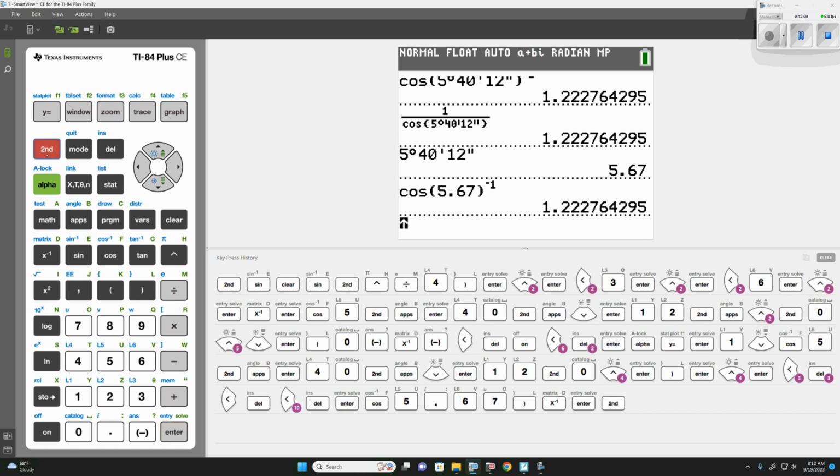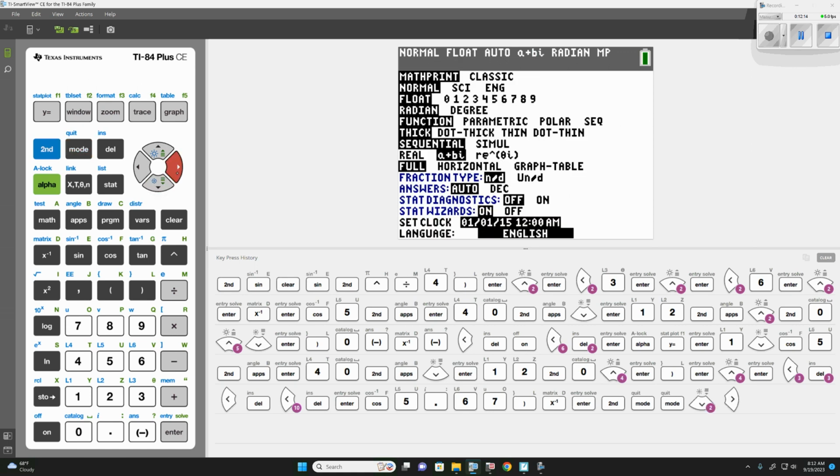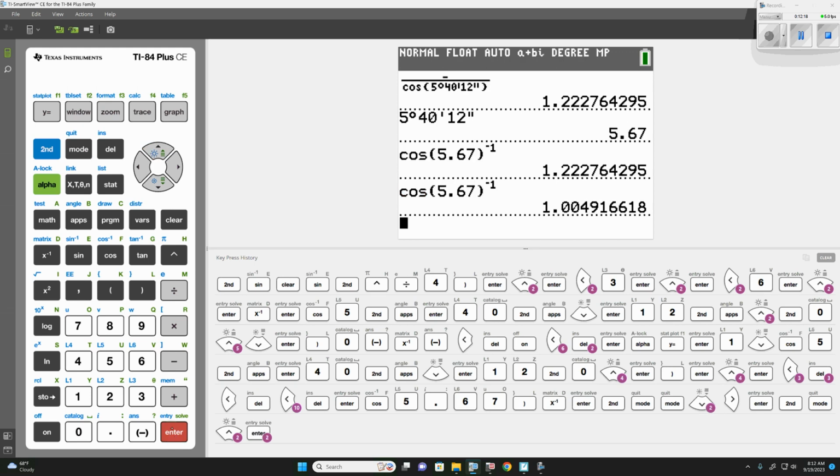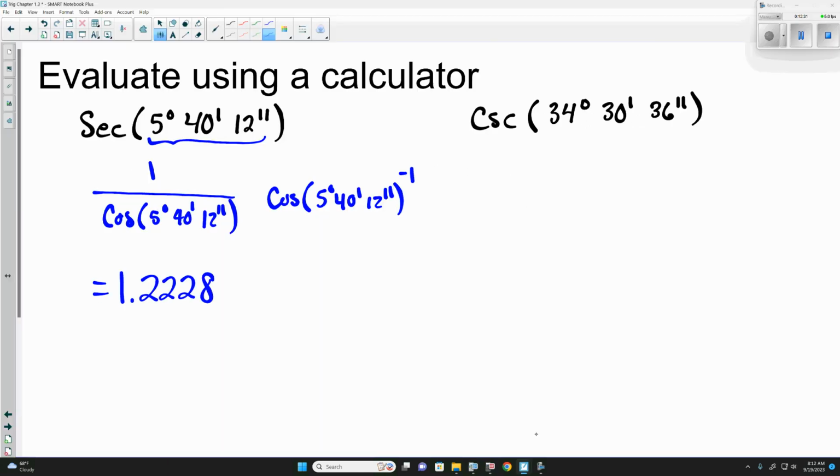But there is a problem with this. There we go. What was the error was I had it in what? Radians instead of degrees. So it should be 1.005 is our actual value for this here.